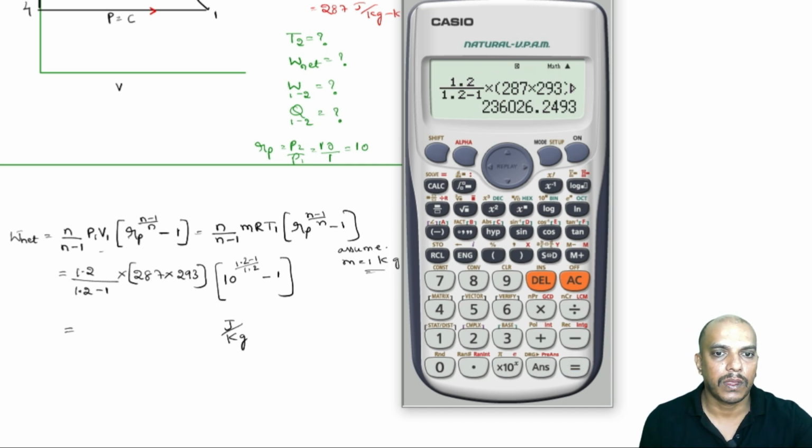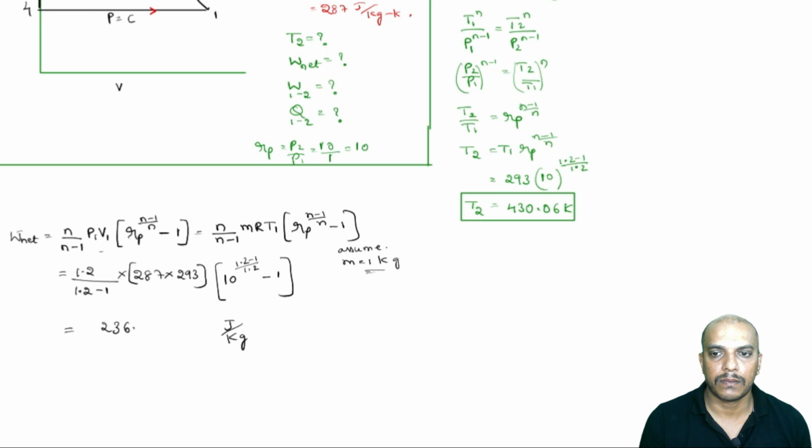Now we get 236.02 into 10 power 3 joule per kg. Or you can divide by 1000 to get it in kilojoule. So 10 power 3 cancels out, and we get 236.02 kilojoule per kg. This is our work net.